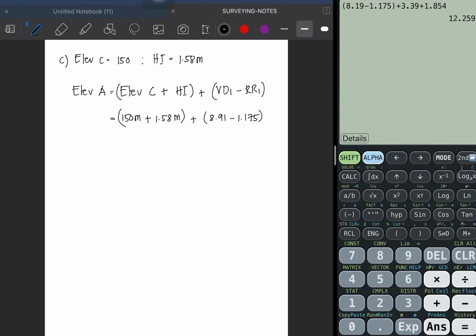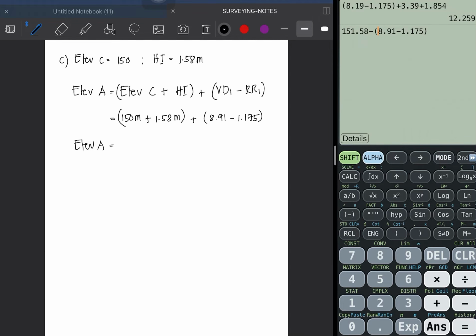So elevation A is equal to 151.58 plus 8.19 minus 1.175.